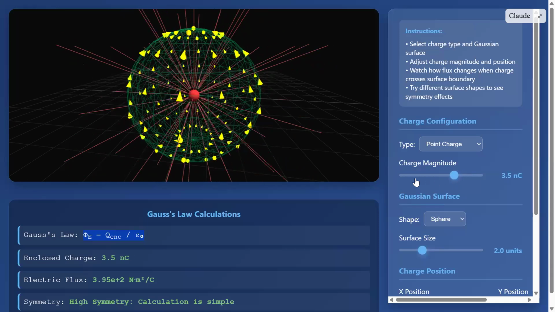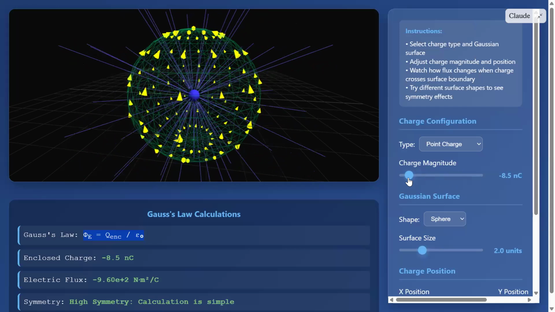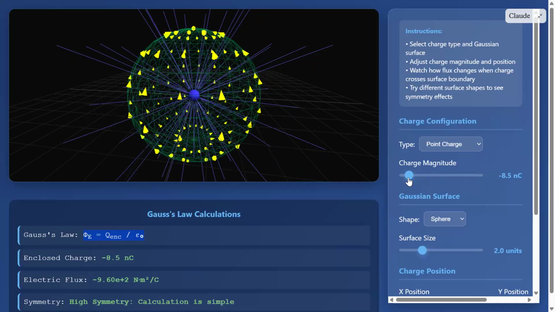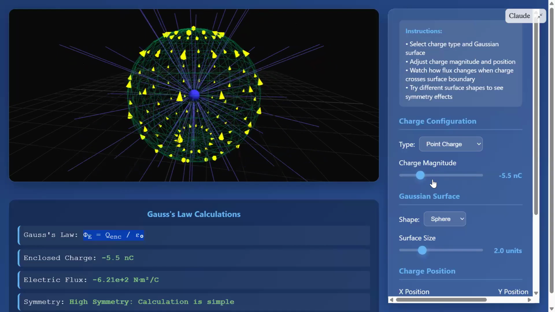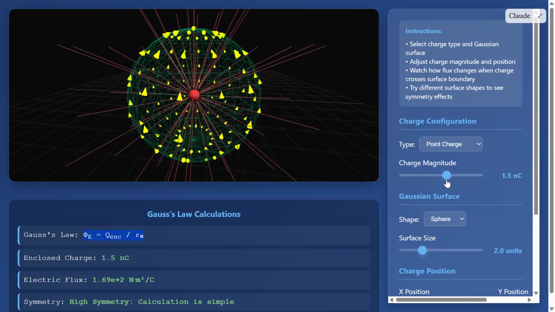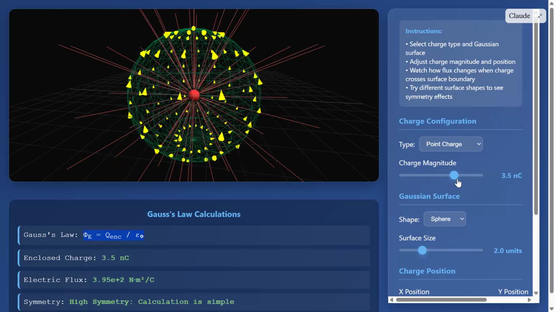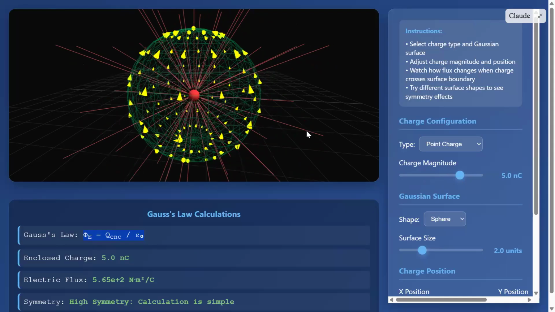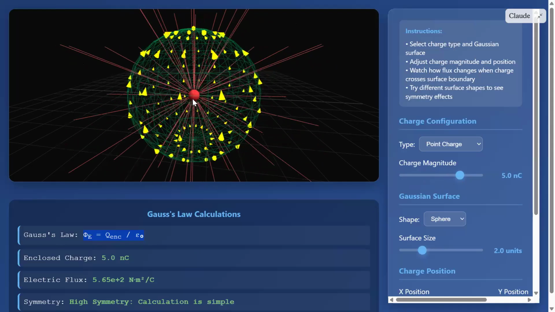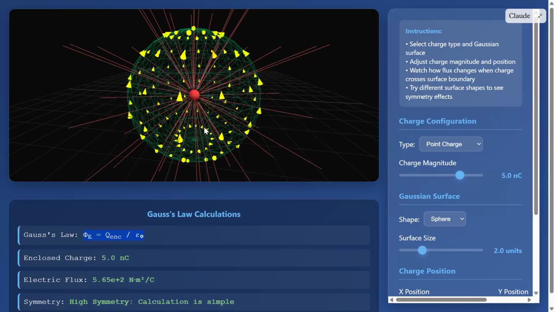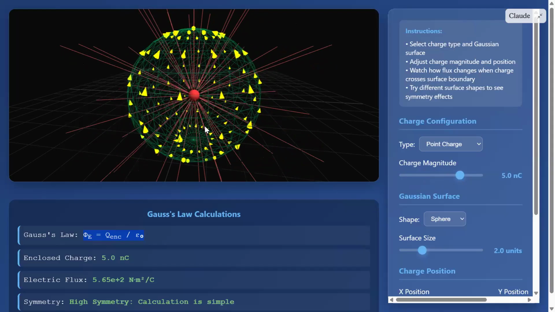For the negative charge, you can see blue color lines, so it is towards the charge. We can choose 5 nanocoulomb, for example. So the charge is at center, with electric field lines passing away from the charge.